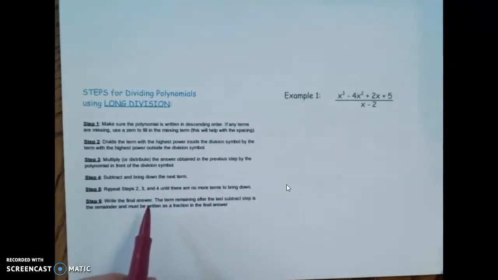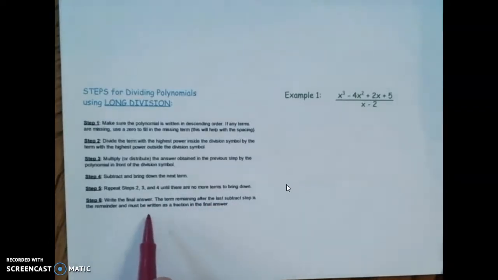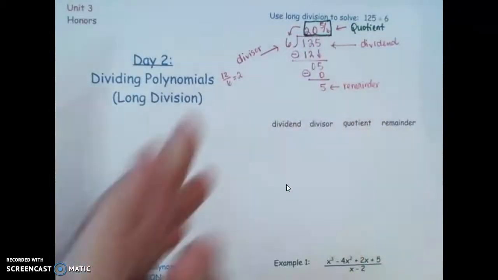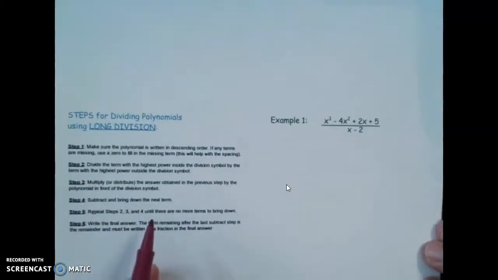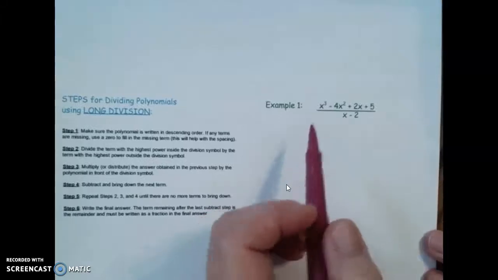And then you're going to write your final answer. It says the term remaining after the last subtract step is your remainder and must be written as a fraction in your final answer. And that's exactly what I did here with our remainder. I know that's kind of hard to follow with all the words, so hopefully when I work examples it's going to be easier for you.